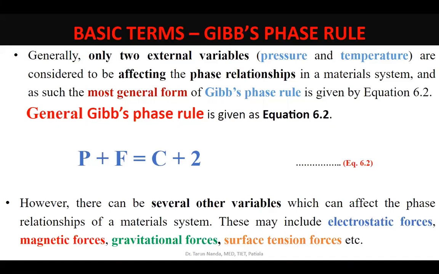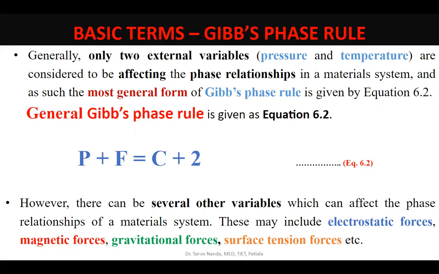Okay, most generally what you'll see is that for any metals or alloy system, when it is being manufactured or when it is being treated to improve upon its properties, generally there would be only two external variables which are affecting the phase relationships of that materials system. One of the variables would be pressure and the other variable would be temperature.